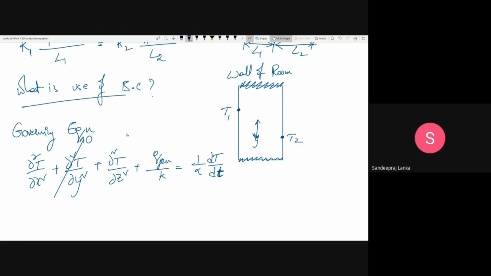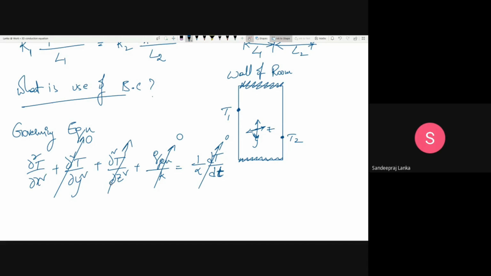In the direction perpendicular to this, the z direction, the heat transfer will also not be there. Internally, there is no chemical reaction or nuclear reaction happening in a wall, so q gen will be 0. This is more or less steady temperature; the temperature on the wall is not varying with time.